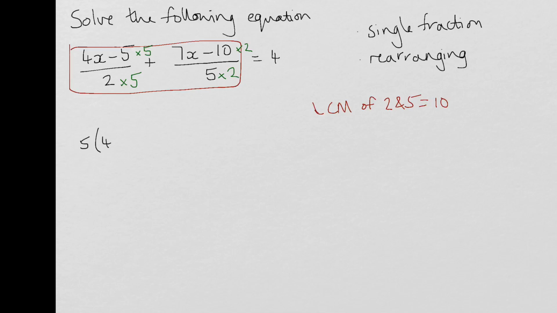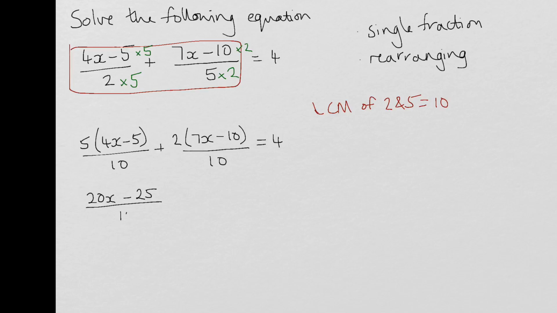5 times 4x minus 5, which is now all over 10. Luckily we've got a positive in the middle, so that makes it a little bit easier, doesn't it? All over 10 is equal to 4. So multiplying that out, I've got 20x minus 25 all over 10 plus 14x minus 20 all over 10, and that's equivalent to 4.